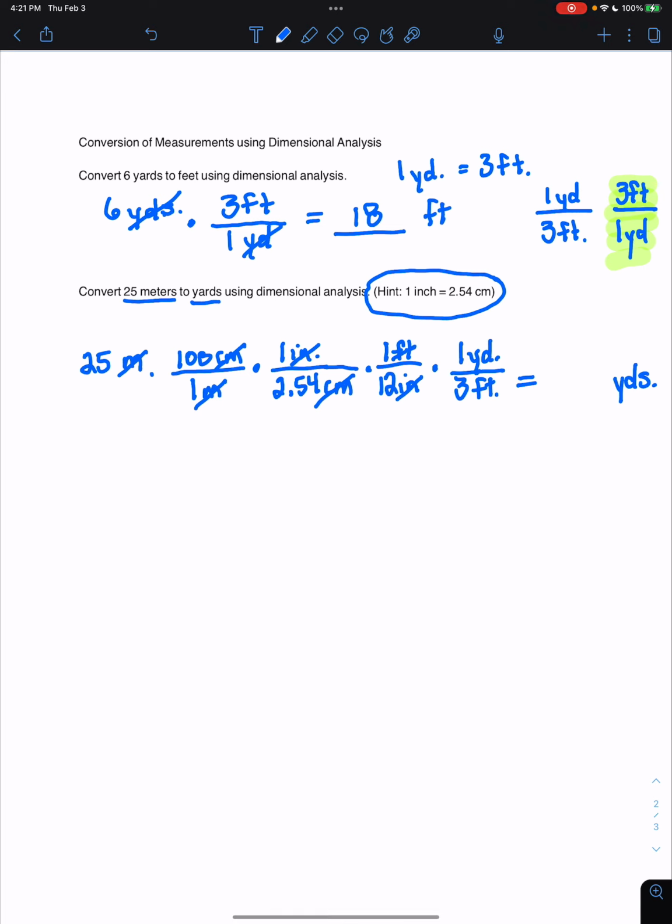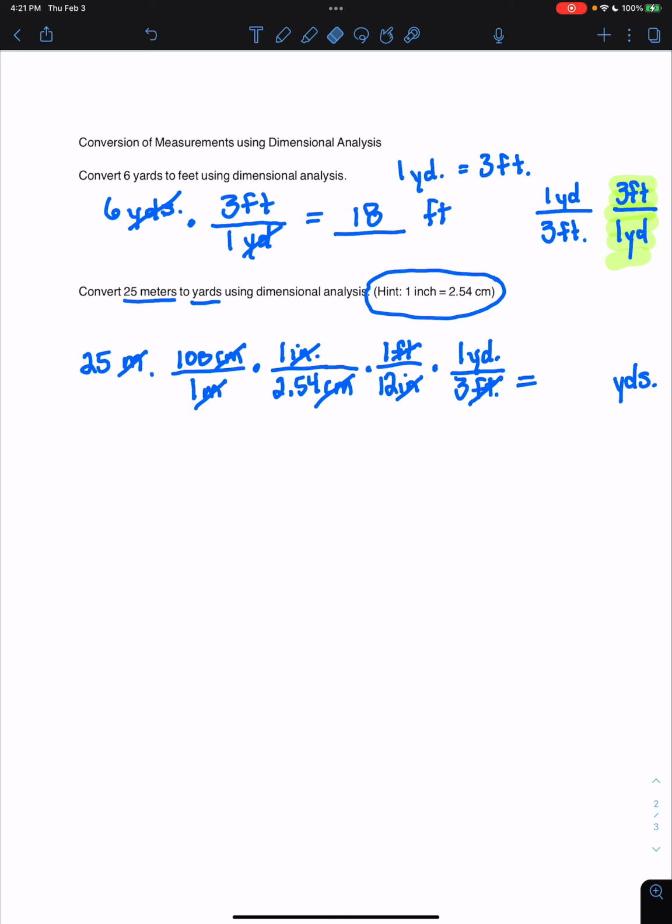Okay, so we have feet on the top and feet on the bottom, and we have finally made it to our unit of yards. So now what do we do? Just like in fraction multiplication, we multiply everything on the top and multiply everything on the bottom.